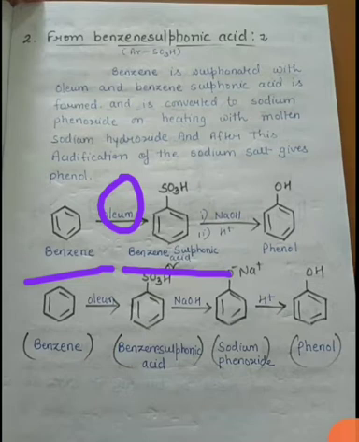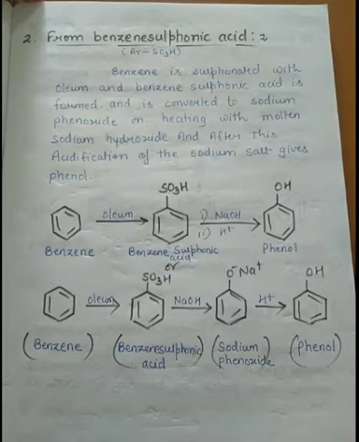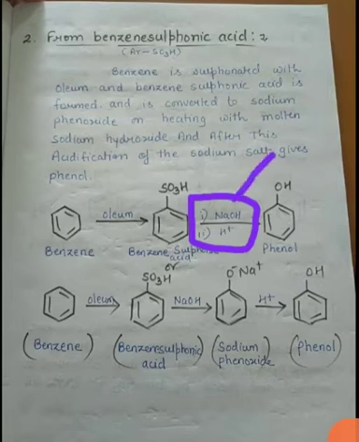And after the formation of benzene sulfonic acid, you can fuse it with NaOH and acid and it will form phenol, okay. Or you can write it another way. Here we have taken the two steps together, that is, in the very first step we are taking sodium hydroxide and in the second step we are acidifying it, okay.